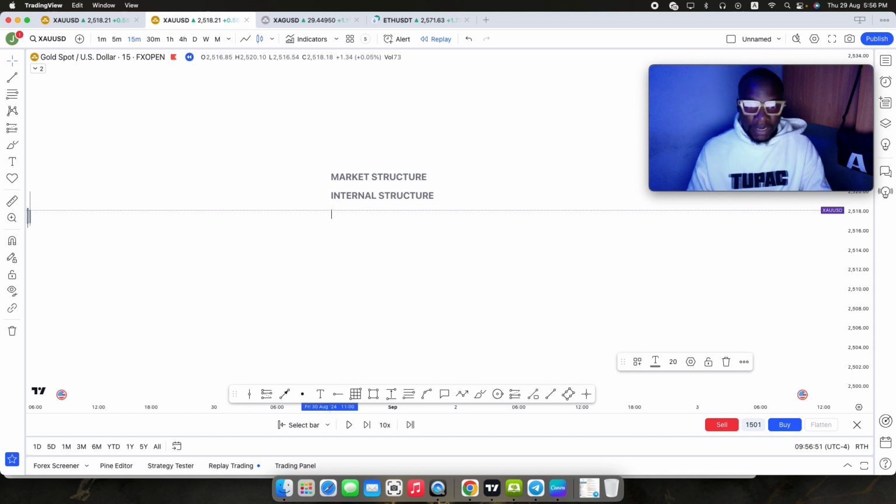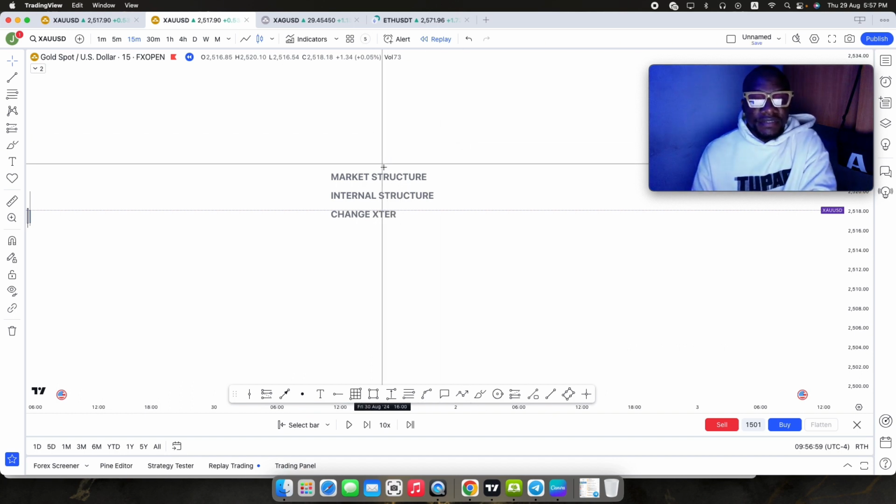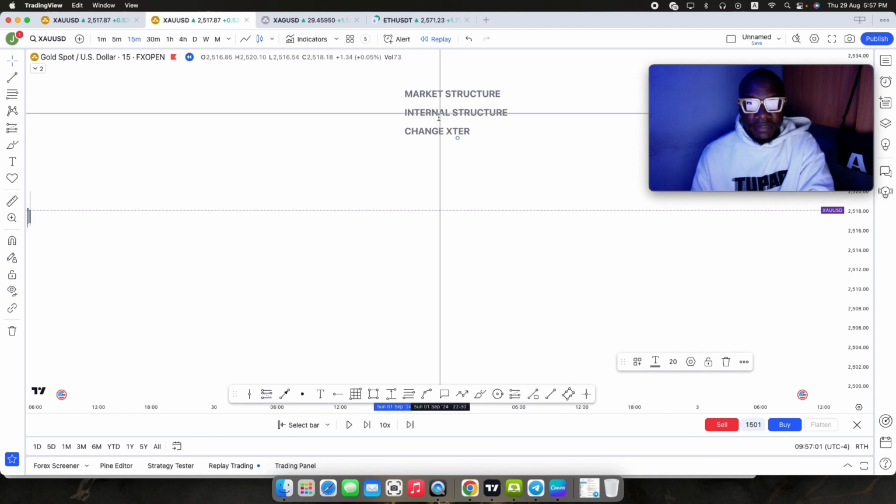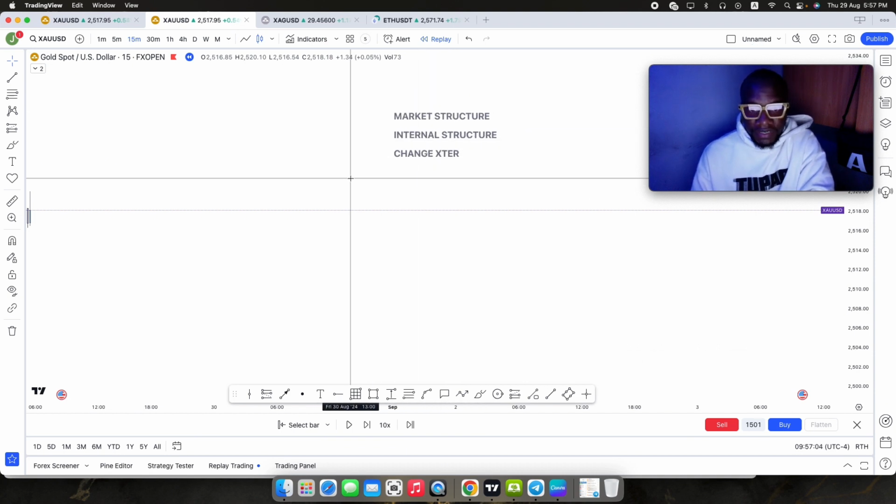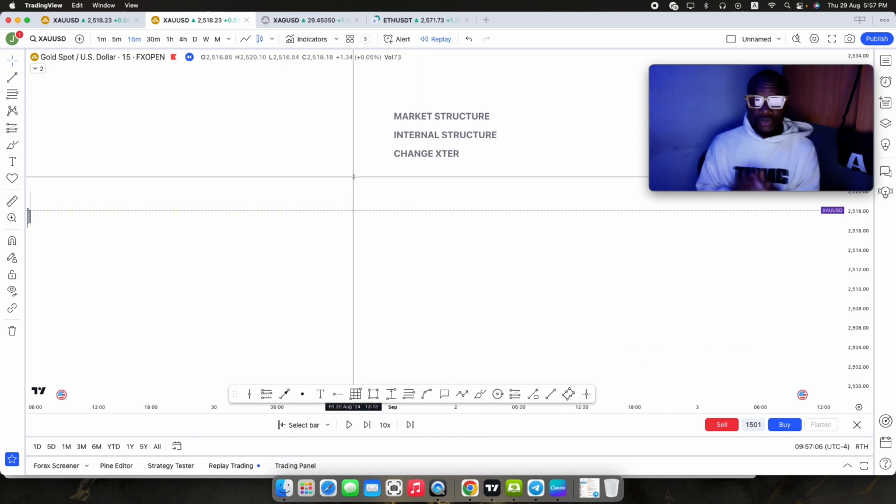And we also have what we call change of character. So these are the three things you need to know for you to know when the market is about to pull back, and for you to trade and spot pullback like a pro.